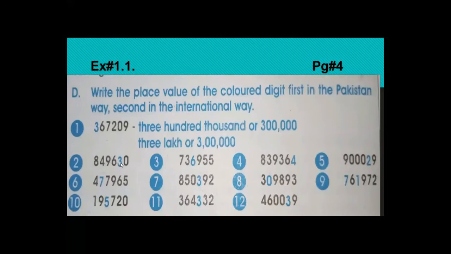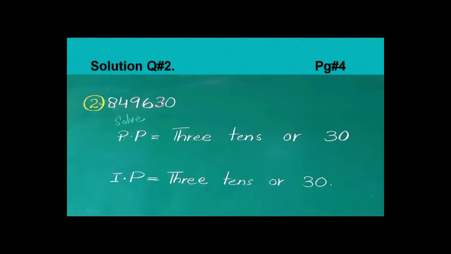So what do you write? 3 tens or 30. Why 30? Because after 3, how many digits are there? Only one digit, and you know very well that in tens only a single zero is considered. So 3 tens or 30. And in the international way, same as Pakistani, units, tens, you will write the same, 3 tens or 30.